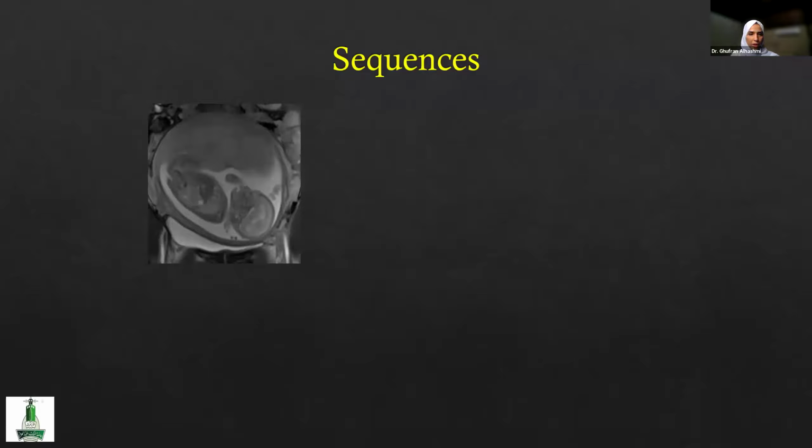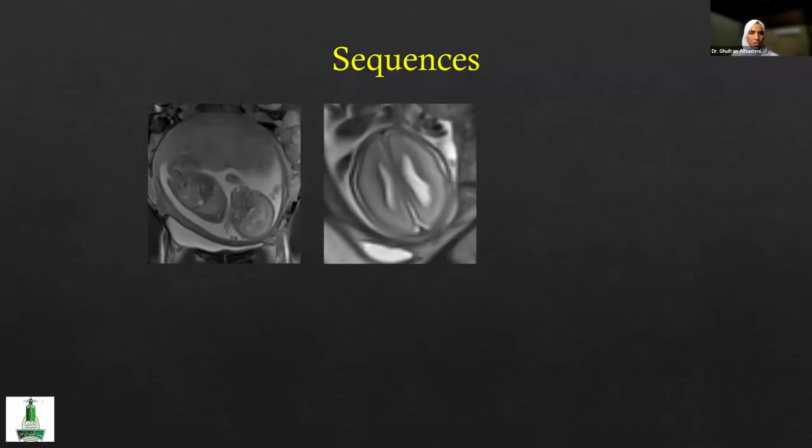So we image the brain with a combination of TRUFI sequences, such as the one shown here. The good thing about TRUFI sequences is they are obtained fast, and they can image larger fields of view. However, they are limited by the spatial resolution. So we usually add HASTE images, which require more time. However, they have more spatial resolution.